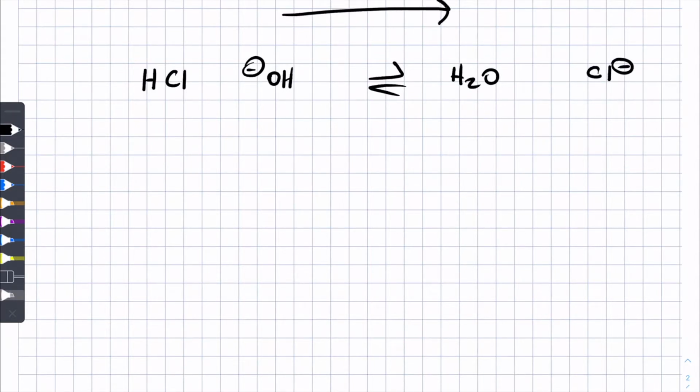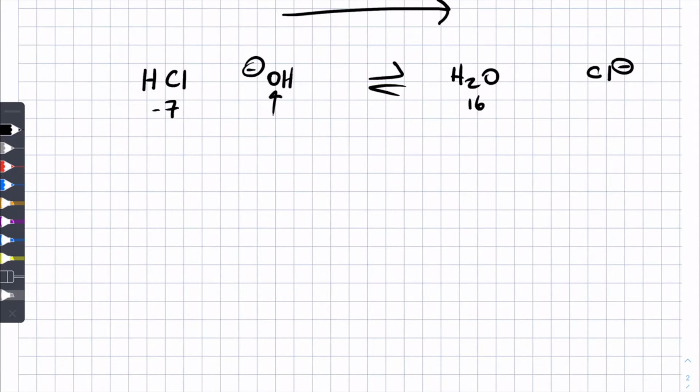So let's do HCl plus OH minus versus water and Cl minus. Now we've got a great comparison. You know what happens there. pKa's would tell you that that's the case. Water is like 10 to the 23 times less acidic than HCl.